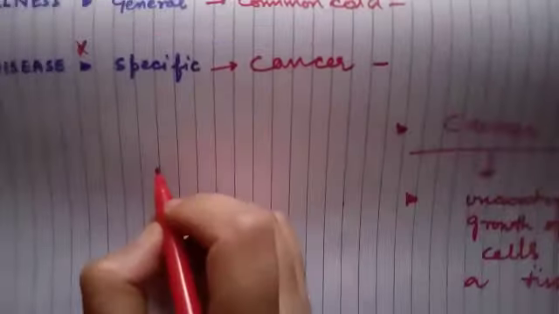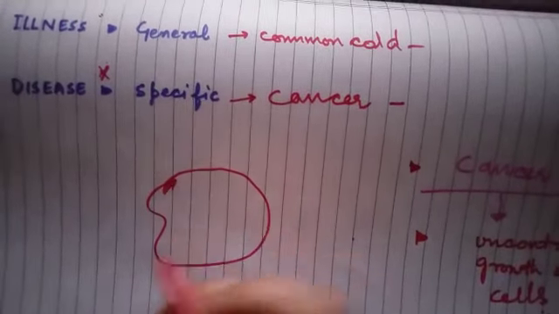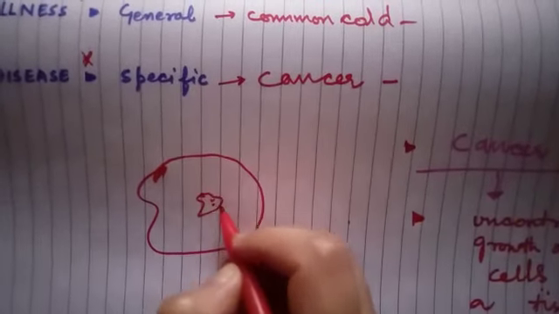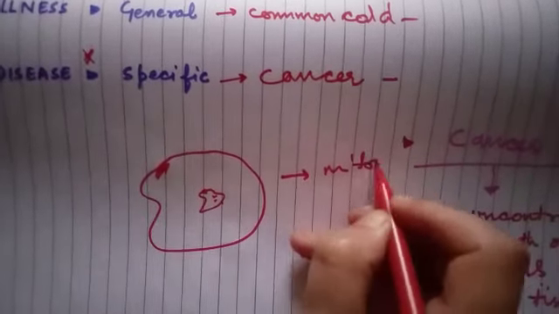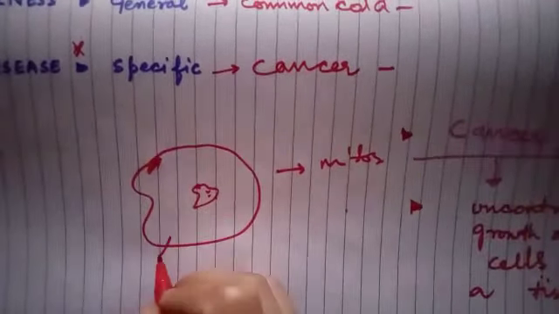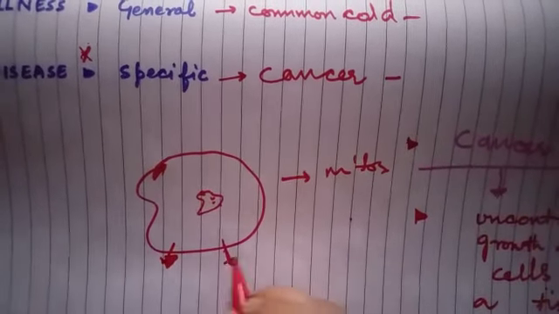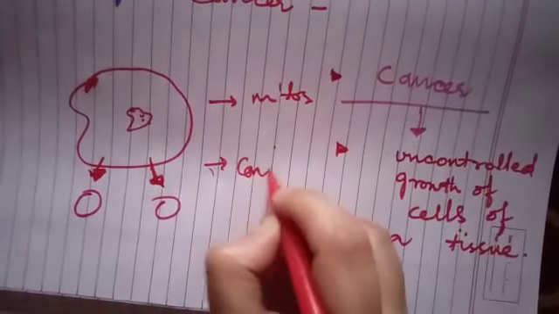You know, our body has so many cells, there are millions of cells. When the cell replicates, when the cell divides by mitosis, for example, it generally divides into two cells. But it also has a control mechanism.